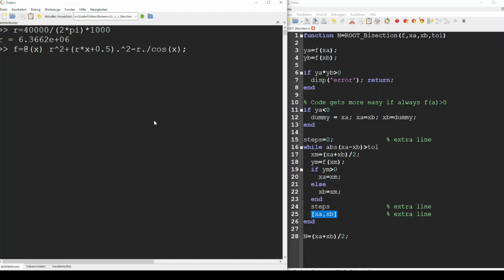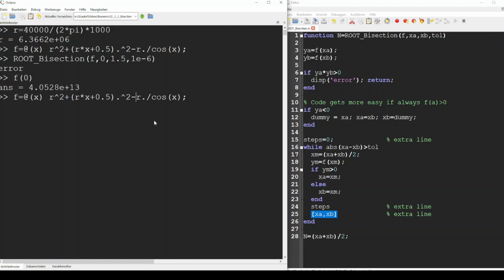And we are looking for the roots of that function. So we can call roots, and the initial interval was 0 and 1.5, and we can iterate to the tolerance 1 divided by 10 to the power of 6, 1e-6, and then let's run.